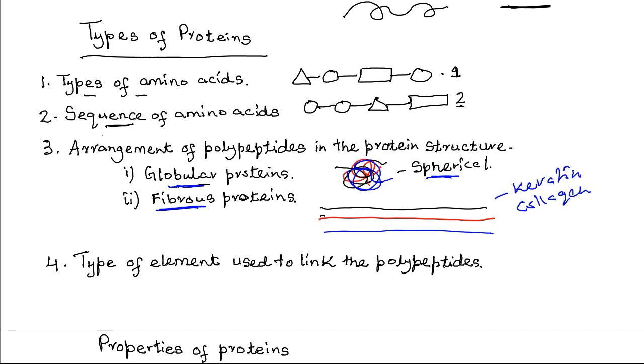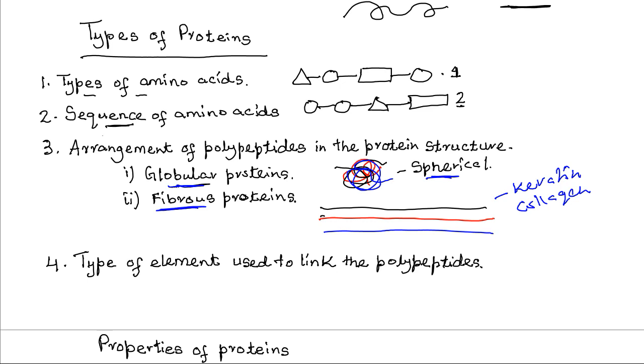Keratin is found in structures such as feathers, hairs, and the nails, while collagen makes up the connective tissues and parts of the bone. So the arrangement of the polypeptides in the protein structure will determine whether the protein is going to be globular in nature or fibrous in nature.